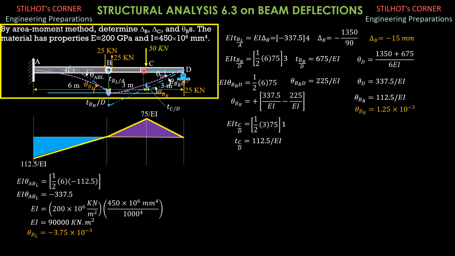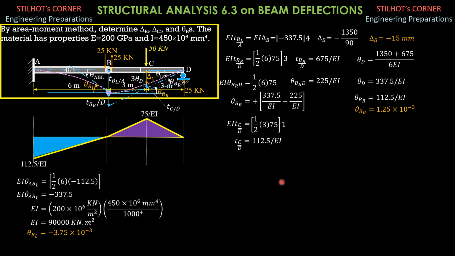And reading it from the figure, it is negative of the quantity 3 times theta D minus the deviation of C relative to D, which is 112.5 over EI. So delta C is equal to negative 900 over EI.